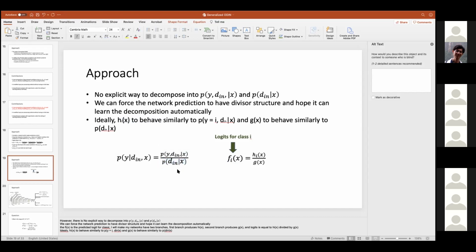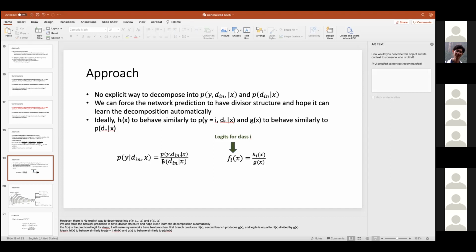Yeah, I think my understanding is that given a sample x, the probability of D_in is the probability of in-distribution data, and that's what we want to know, right? Yeah, that's correct. And we design the divisor structure to implicitly learn such a probability, to introduce the D_in into the softmax structure, right? Yeah. Okay.